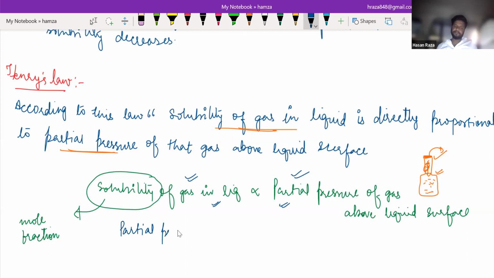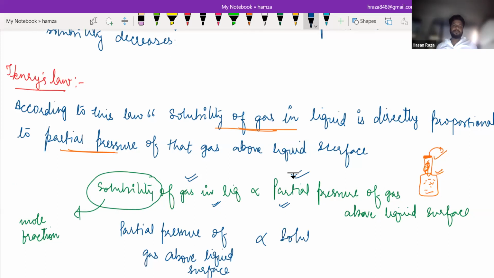Partial pressure of gas above liquid surface is directly proportional to solubility of gas in liquid. So I just reversed the sentence.